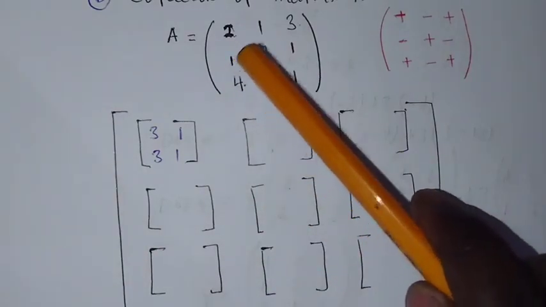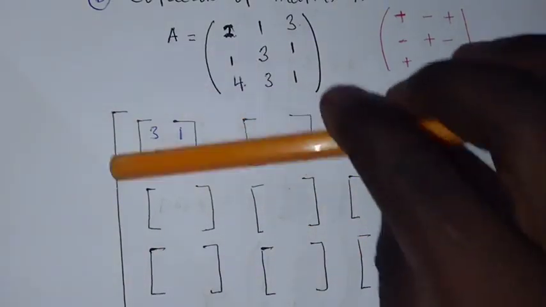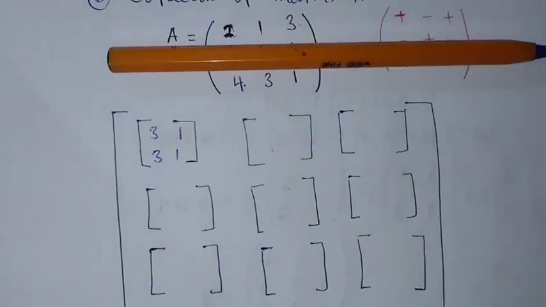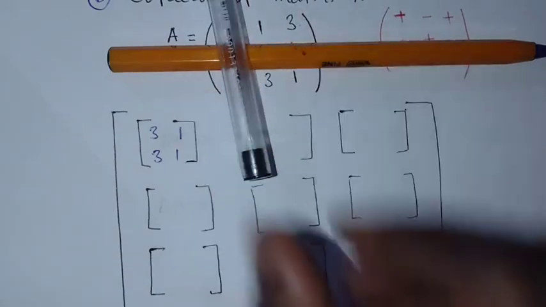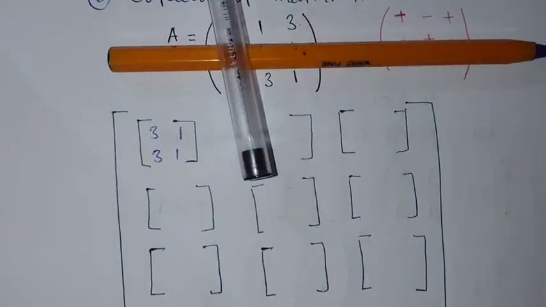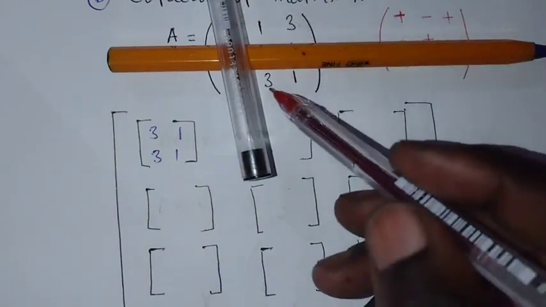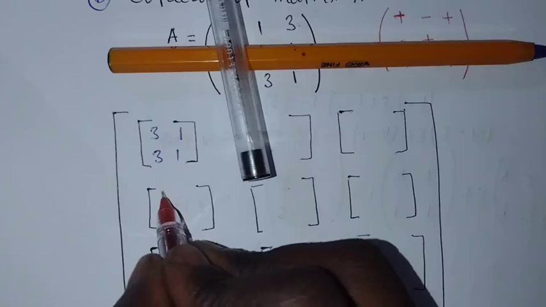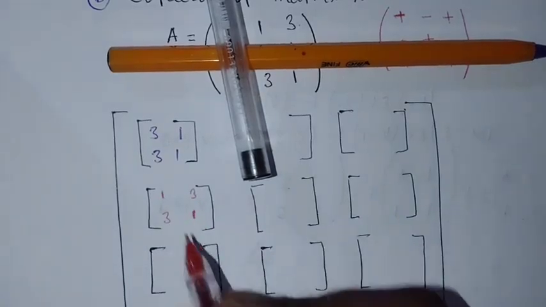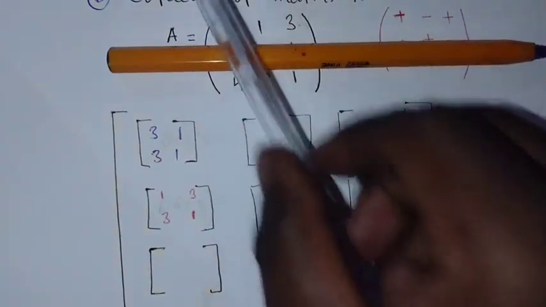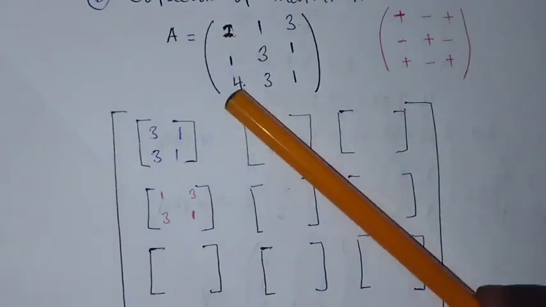We come to the second one here, where there is a 1. We'll cover the entire row, then we cover the entire column, as you can see. What are we going to remain with? 1, 3, 3, 1. So you write here 1, 3, 3, 1. Okay, we are done. We come to the next one. We do the same, which is the 4 here.